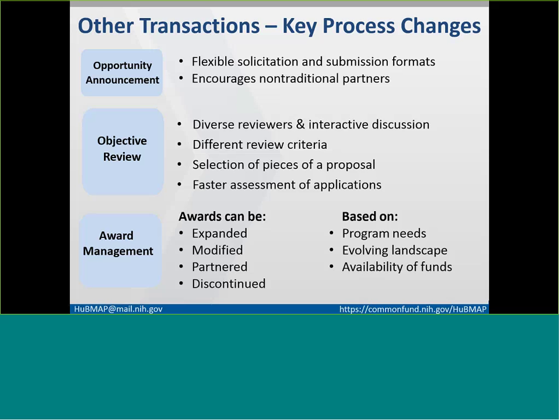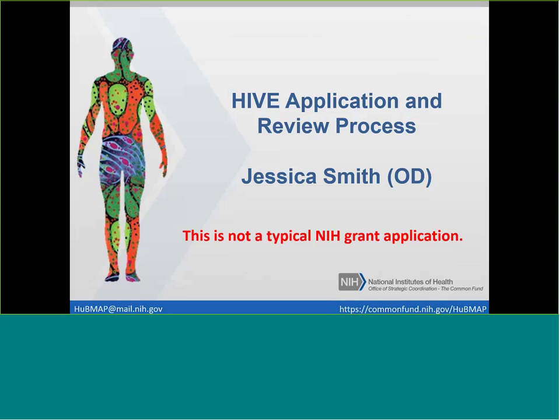All of these are part of the reason for using other transactions: the rapidly evolving landscape of this particular field, the changing availability of funds, as well as the evolving programmatic needs based on the other awards that we make as part of the program. So I'm going to turn it over to Jessica, who's going to talk in a little bit more detail about the review process.